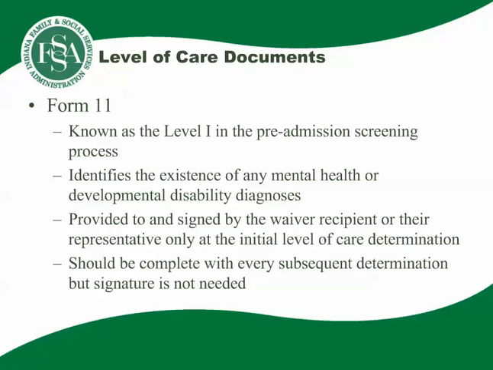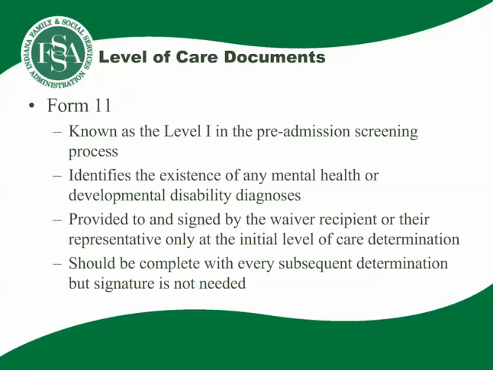So if we're going to find nursing facility level of care for those individuals that trigger on the Form 11 as having mental health or developmental disability diagnoses, we are going to have to find a skilled medical need on page 1 of the e-screen in order to find them to have nursing facility level of care. There are some exceptions to that. They can have some new onset diagnoses that may impact that, but that's just the general rule to go by.